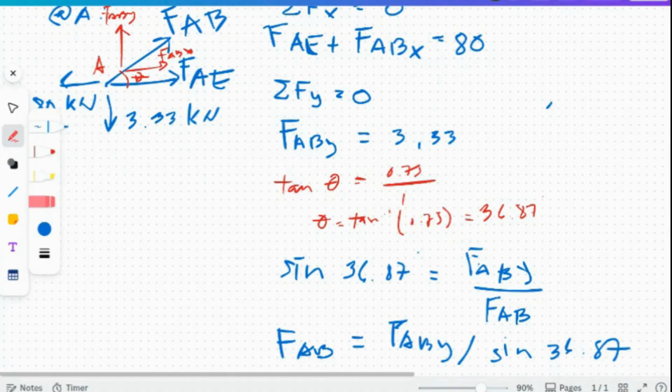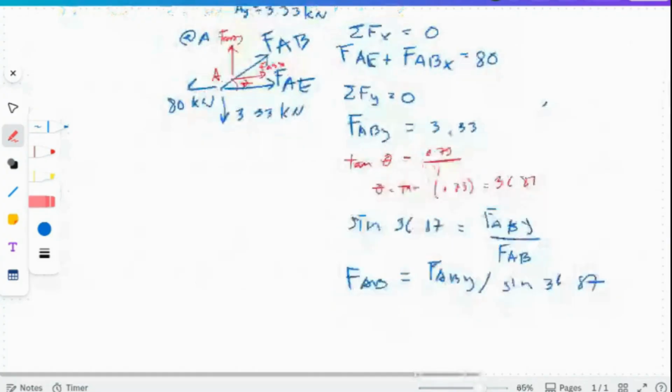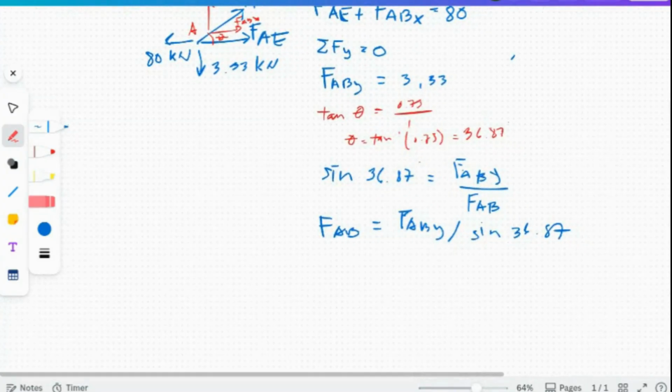Okay, so with that, we will see that FAB is 3.33 divided by sine 36.87.